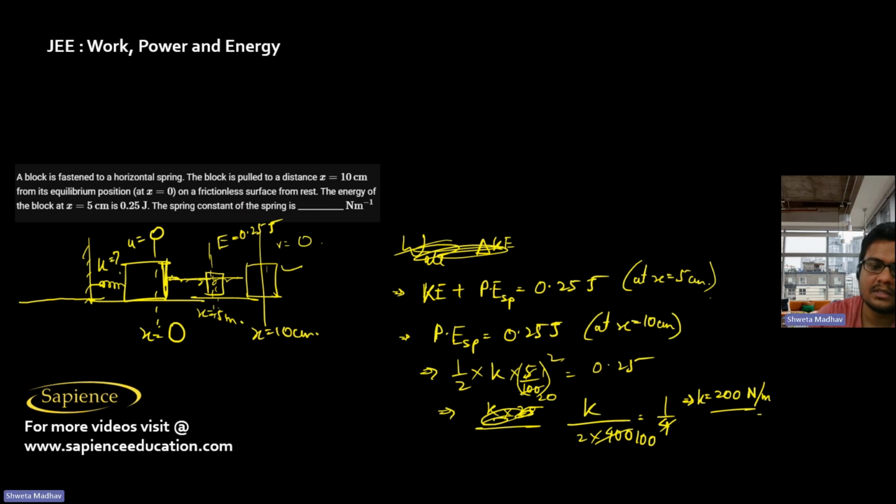Since here there are no non-conservative forces, we can apply the conservation of mechanical energy concept here. So the spring constant is 200 Newton per meter, which is the answer.